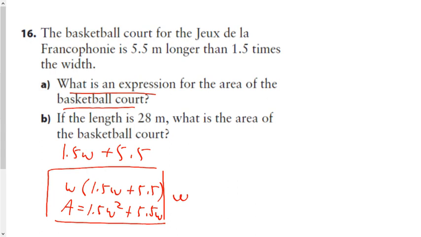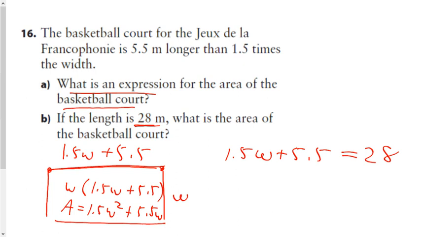And then it says, if the length is 28 meters, what is the area of the basketball court? If the length is 28 meters, so therefore, this distance here is how long? How long is that length? 28 meters. So therefore, this expression is also equal to 28. You with me so far?